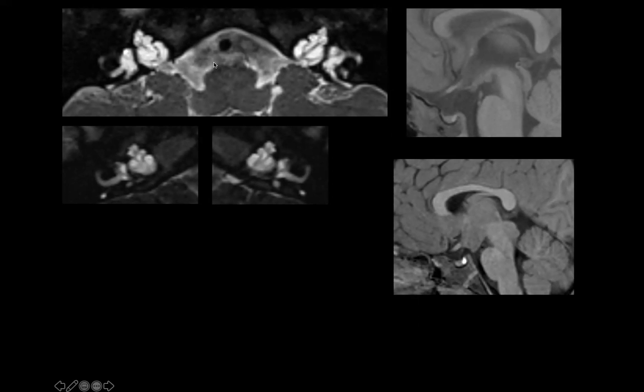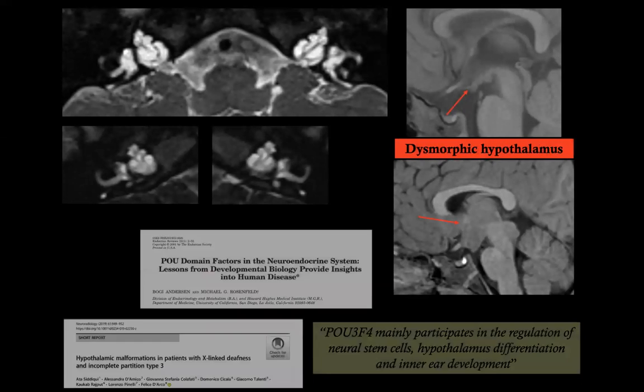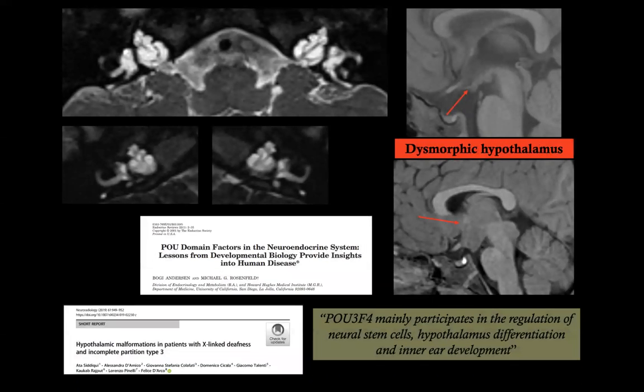I mean, this appearance is already diagnostic, but if you start with a hamartoma, look at the ear, you find something like that, you have made a diagnosis of X-linked deafness due to POU3F4 mutation. This is the incomplete partition type 3, virtually pathognomonic. 95% of the children with this malformation have this genetic abnormality.